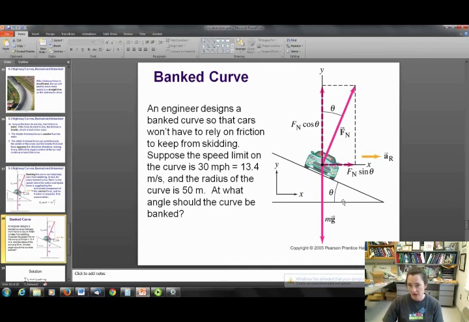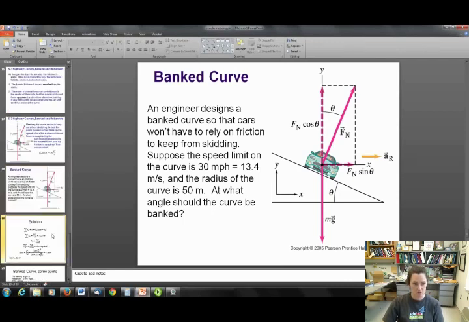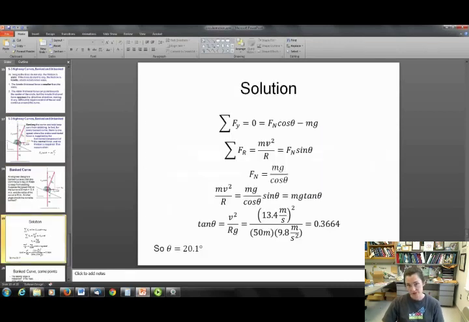Okay, so here's your free body diagram. It's the same as the one on the previous page. Your radial acceleration or your radial force will be in towards the center of the circle, okay? And you've got your normal force and mg acting downward. So let's do the sum of the forces. The sum of the forces in y is equal to 0 as long as the car doesn't go up or down the bank.